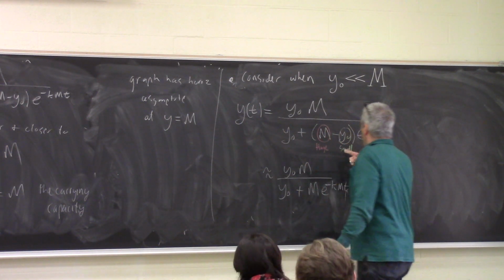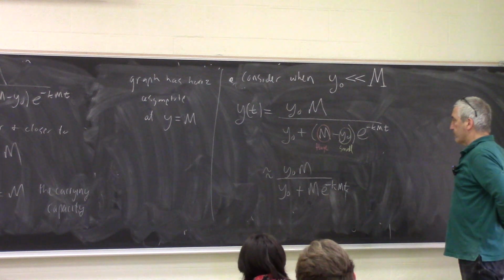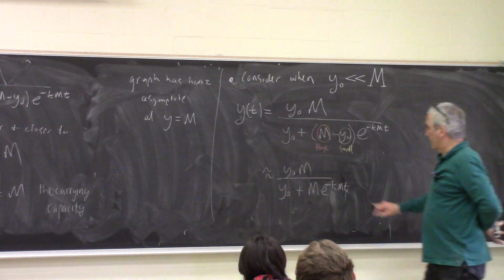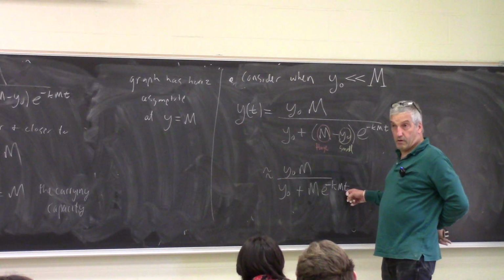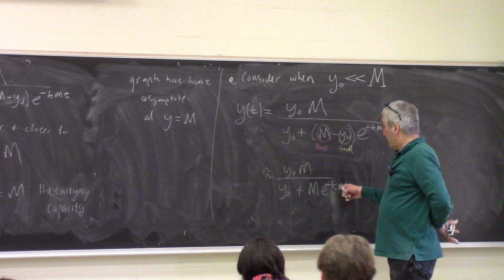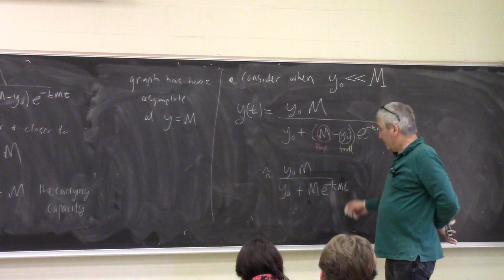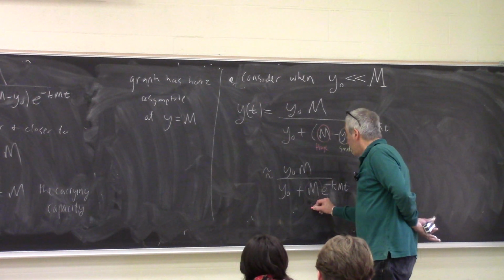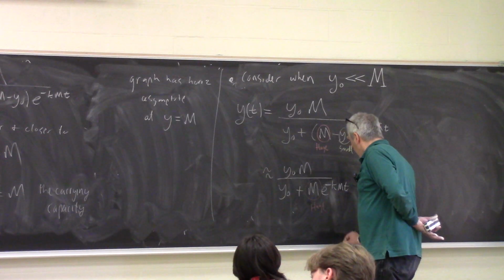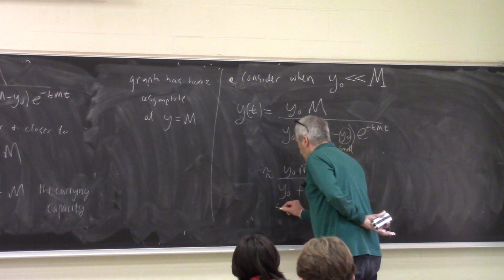You can ignore that m minus Y0, just make it m. And look at this. Initially, time is 0, so e to the 0 is the number 1. So this would be just the number m. This is huge, and this is small.